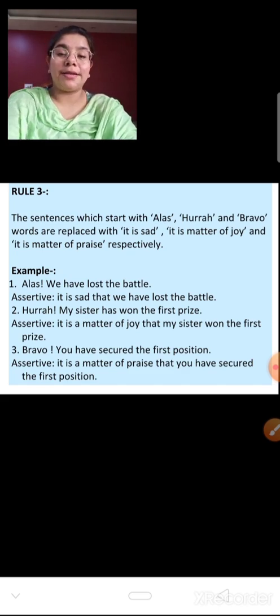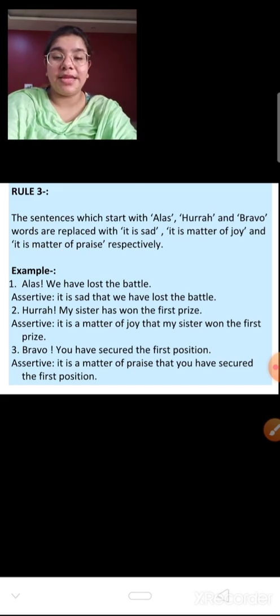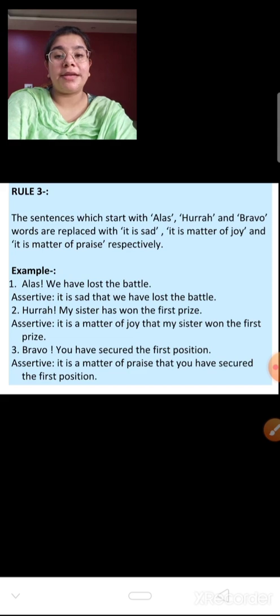So I can say that rule number 2 and 3 are very easy, because you just have to remove the words from the exclamatory sentence, and instead of those words you just add a new word which is given there. You have to remember, for alas you will write it is sad. For hooray you will write it is matter of joy.